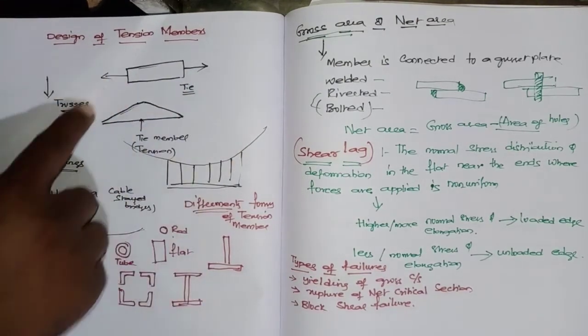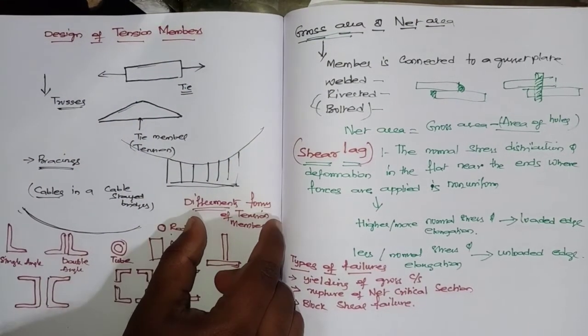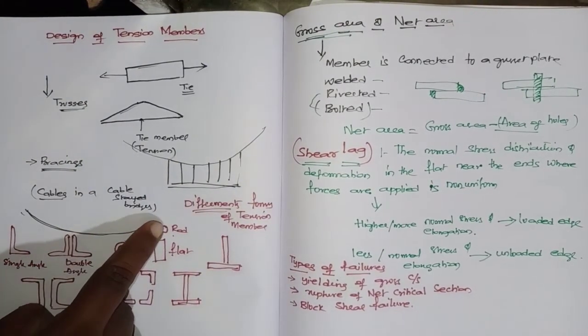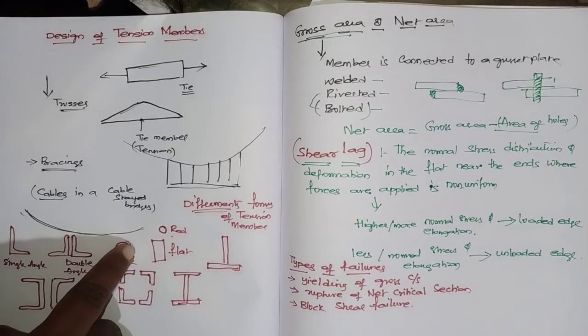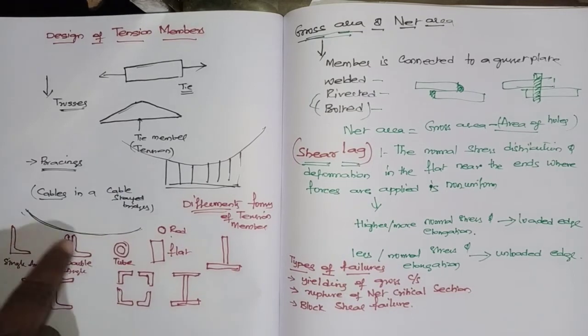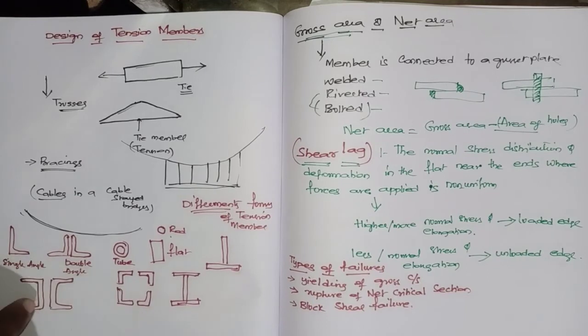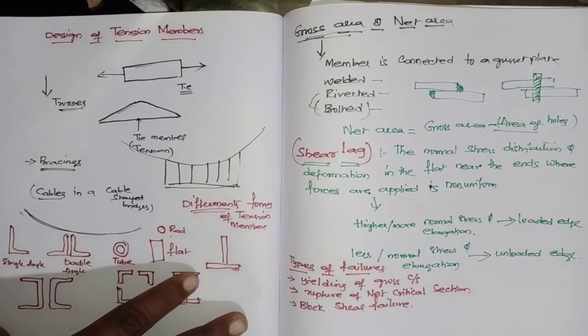These tension members come in different forms and shapes: a rod, a flat, a tube, single angle section, double angle section, T section, I section, multiple angle section, and channel sections placed back to back.